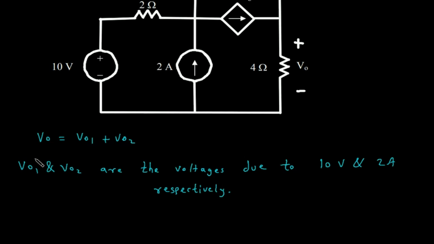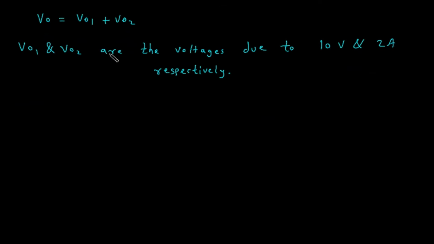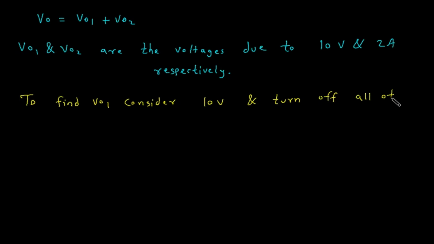Now to find VO1, we will consider the 10 volt voltage source and turn off all other independent sources.